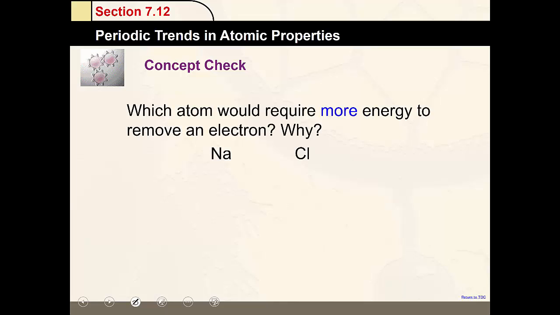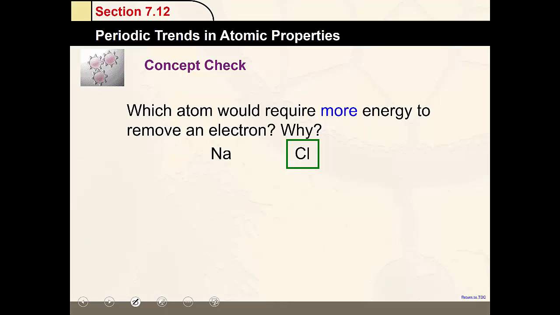So when comparing elements, atoms, you should be able to say which one has a higher and lower ionization energy. So sodium versus chlorine, the one with the higher ionization energy is chlorine. And don't just say, since they're both in the third period, okay, chlorine's farther to the right. The reason why it's chlorine, it's smaller.